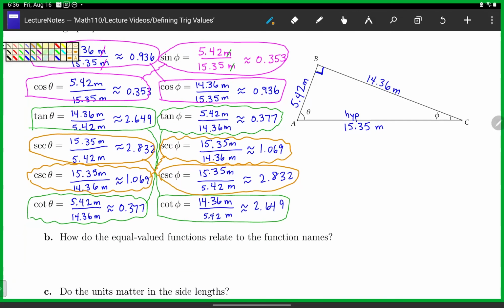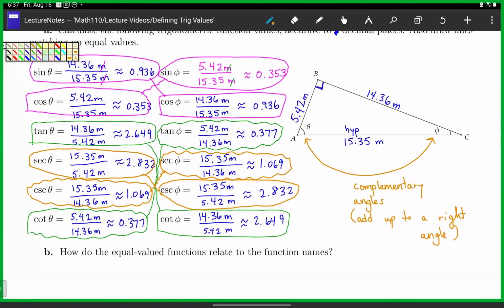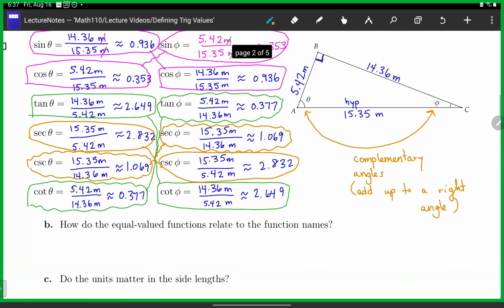You may or may not recall from geometry that two angles that add up to a right angle are called complementary angles. So it turns out that these co-functions on one angle are equal to the original functions on the complementary angle, and vice versa.